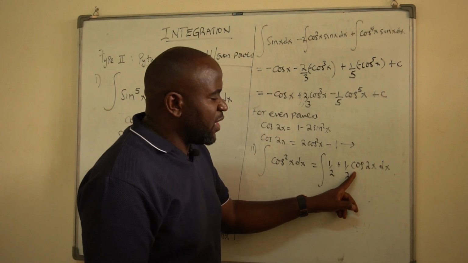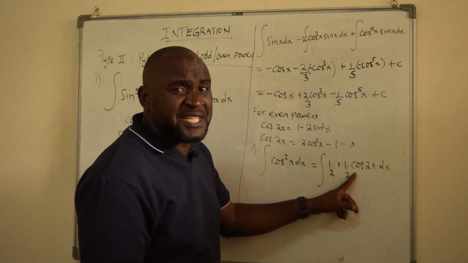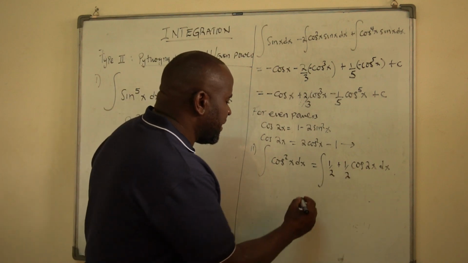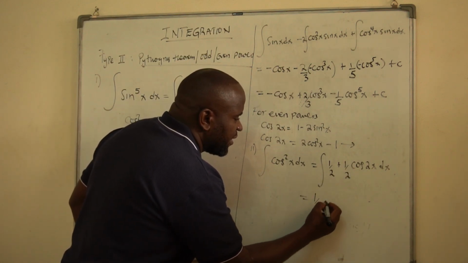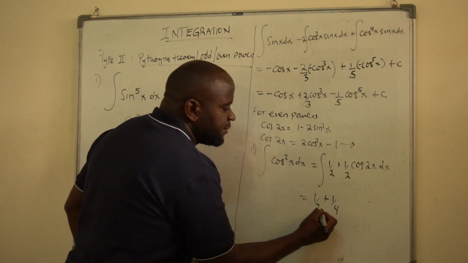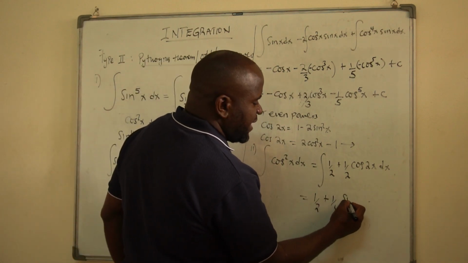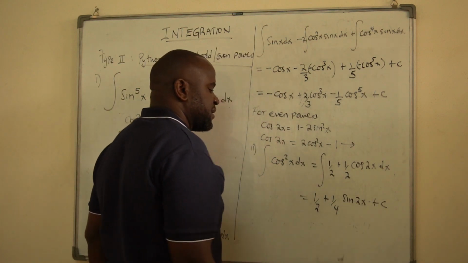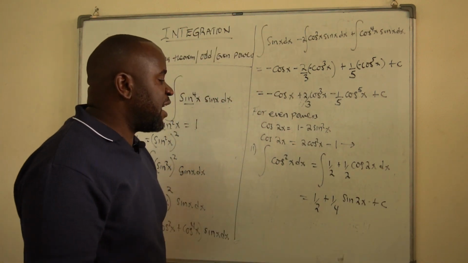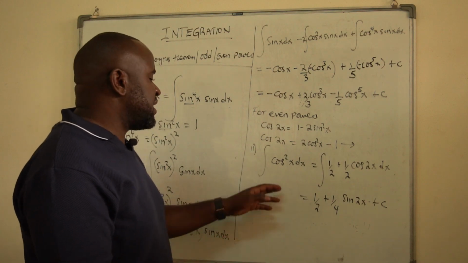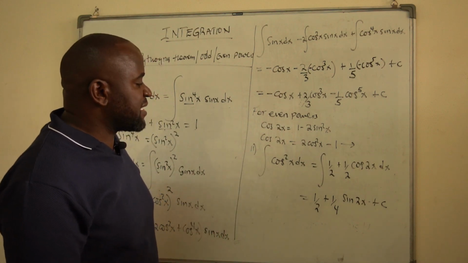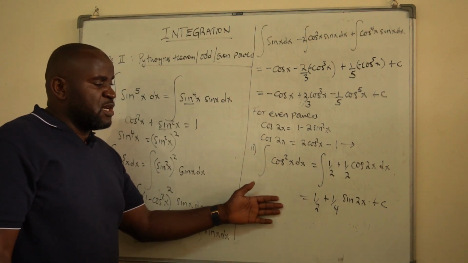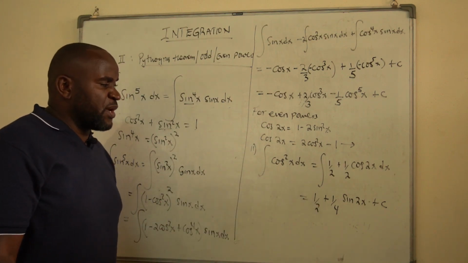We ask ourselves, what did we differentiate to get cos? We differentiated sine. The derivative of sine is positive, so the answer will become a half, plus a quarter sine of 2x plus a constant. With this, you would have handled an even power, in terms of cos squared x, which is a direct cos, which takes us to sine of 2x.